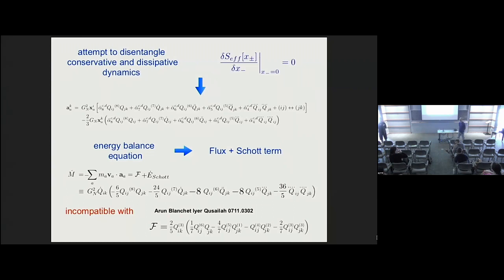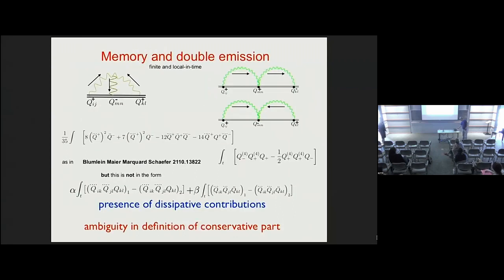This is a follow-up on Jason's question, but maybe rephrased in a different way. Those memory diagrams that you drew, which order in G Newton are they? I think that should be the answer. Yes, to the question, yes. Okay, that is G squared, but then you have to use the equation of motion. So the question is, is it G4 or G5, right?